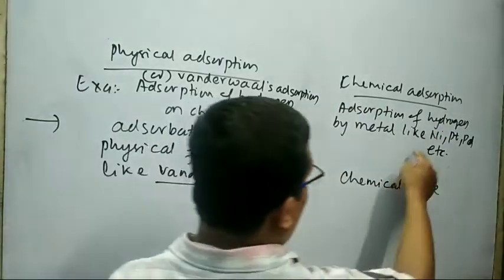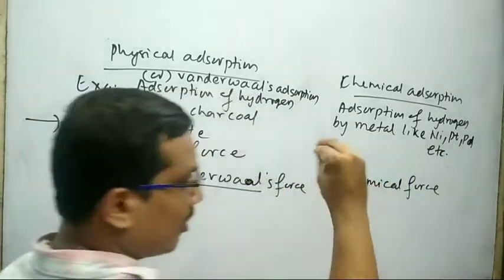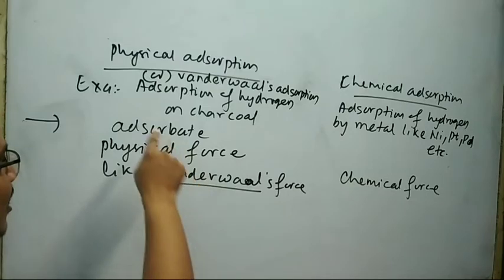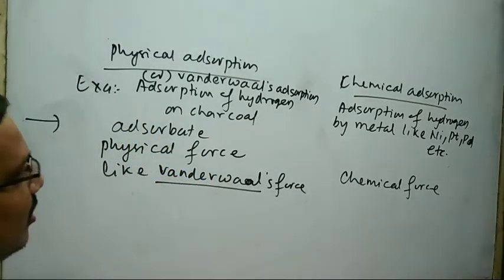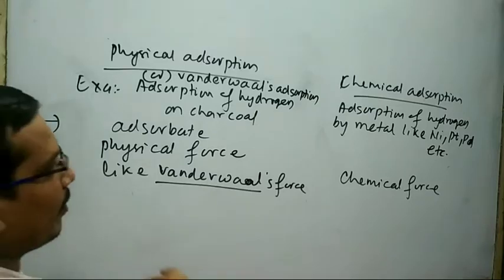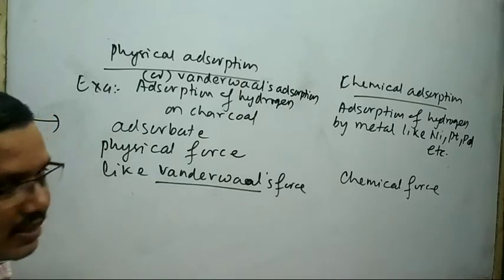If no bond forms between hydrogen and nickel, then chemical adsorption will not be possible. But in physical adsorption, there is no requirement of formation of strong bond between hydrogen and charcoal.